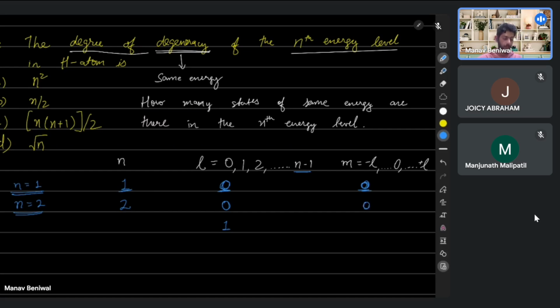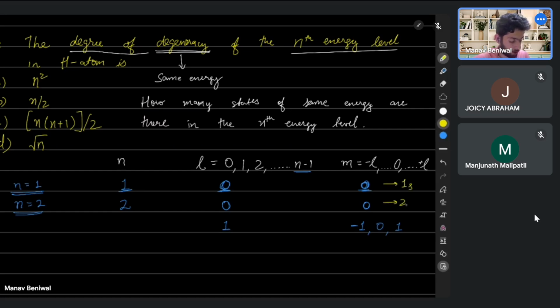But when your L is 1, your m will have three values, minus 1, 0, and plus 1. So this corresponds to 1s, right? Let me write here. So this is 1s.